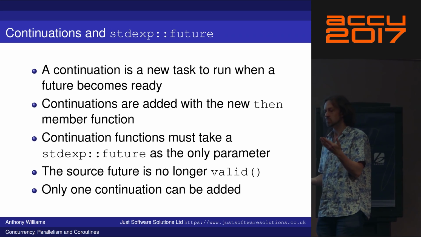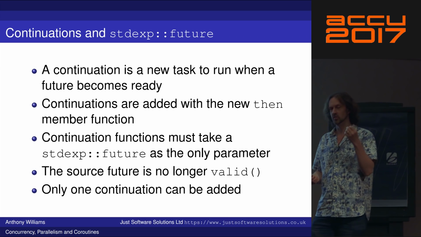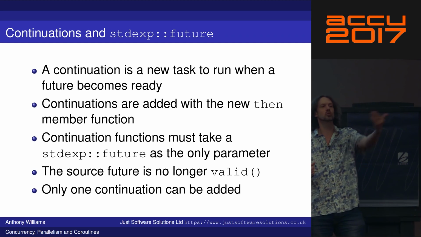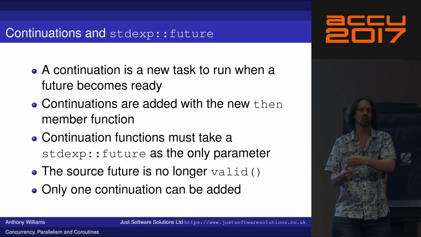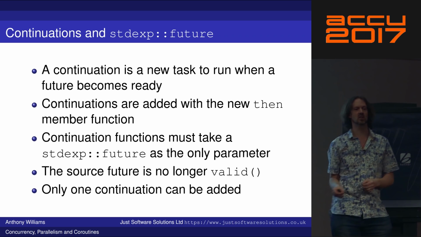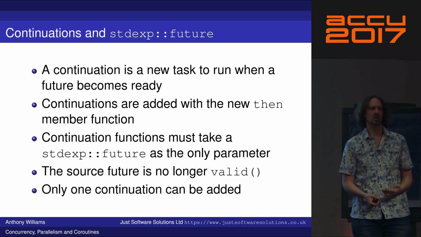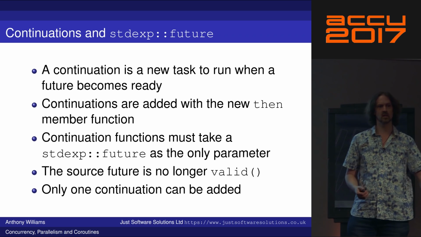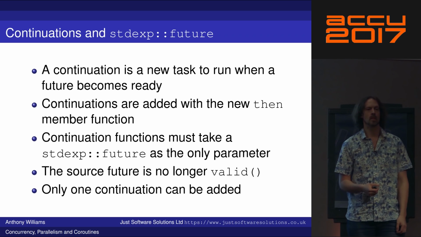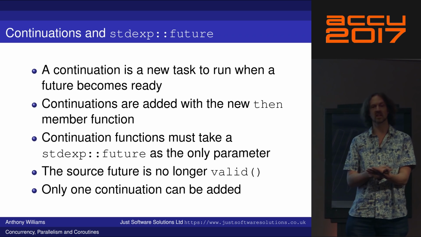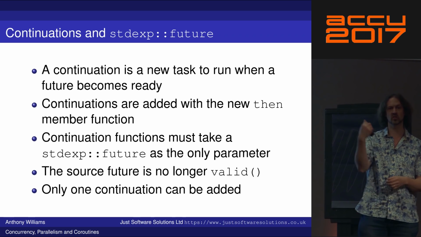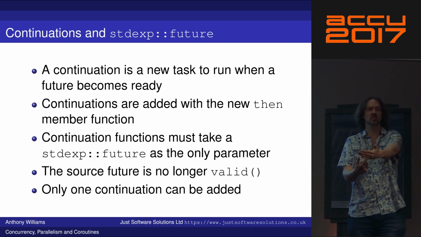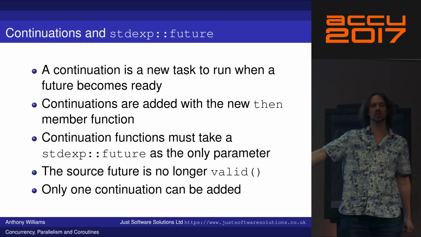So you've got some operation that gives you a future. Now I've spawned an async task, and now I've got this future, and well, you can wait for it explicitly, but that blocks your current thread. Or you can schedule a continuation, and if you schedule a continuation, then whenever that initial task is ready, it will now run my new task.